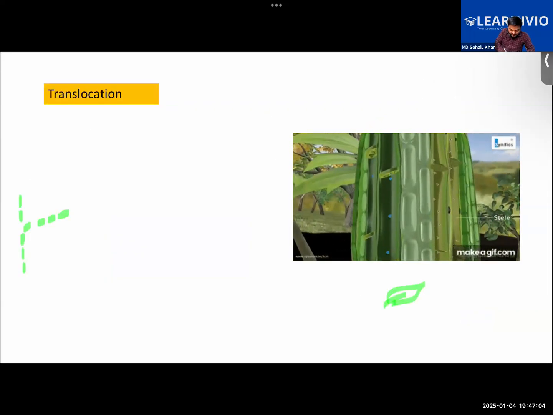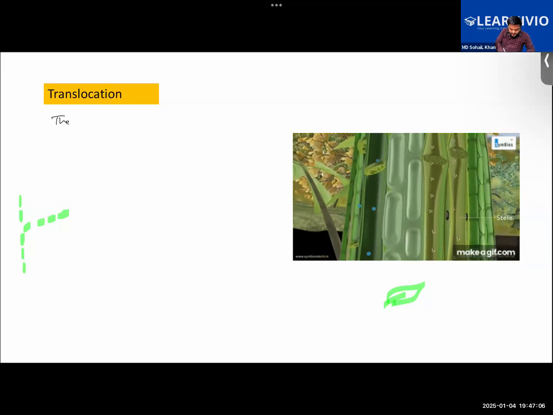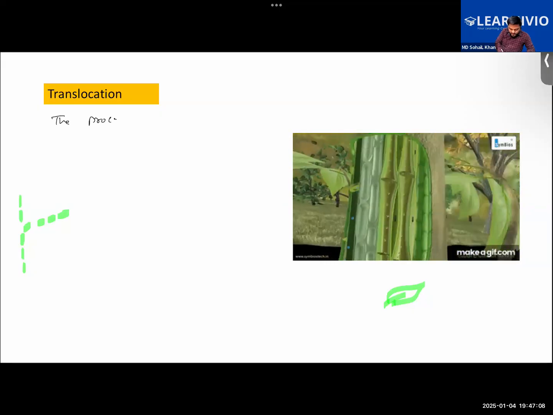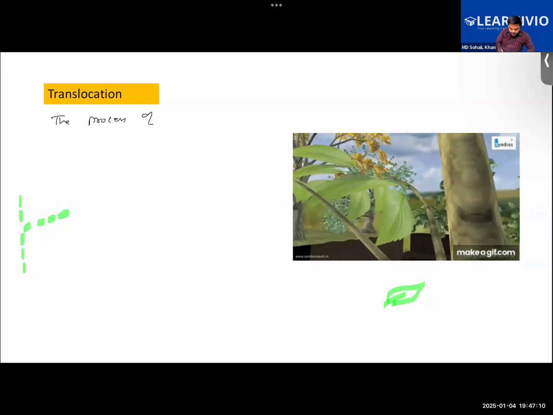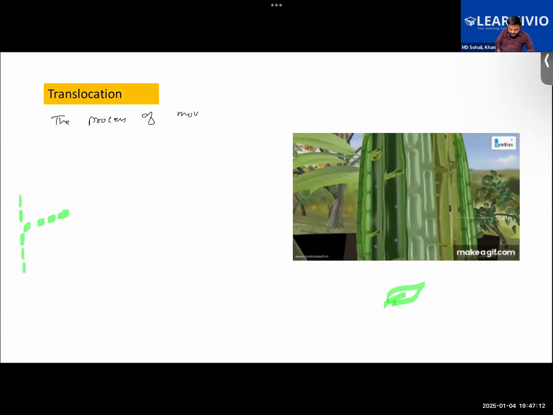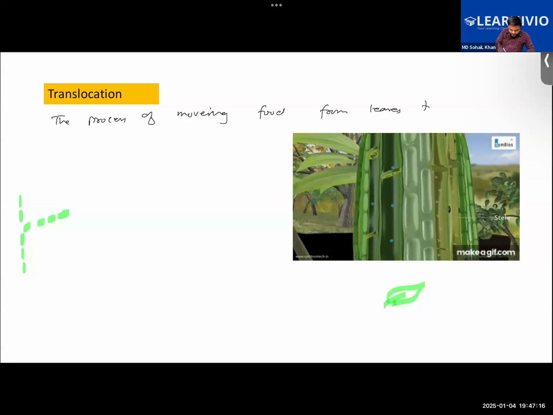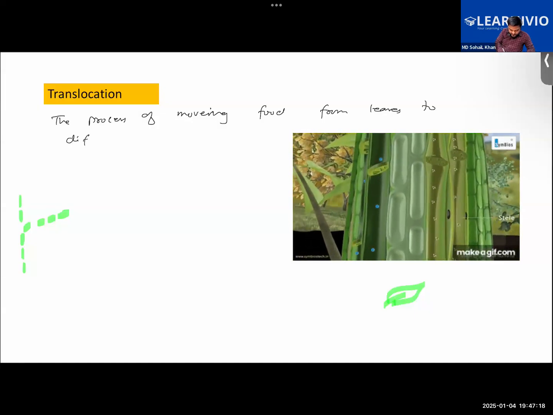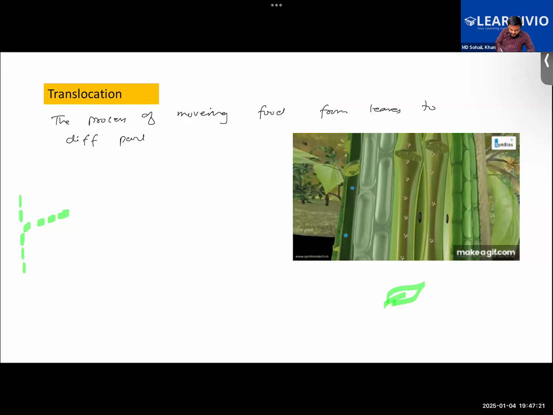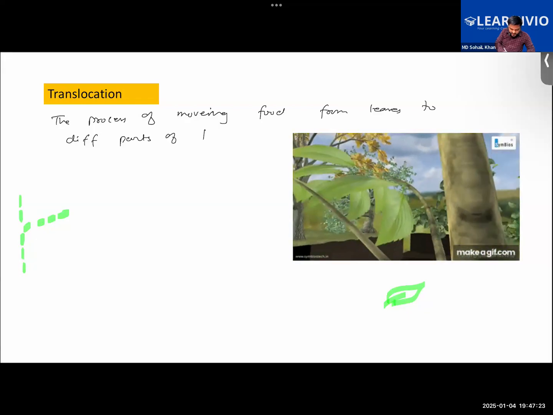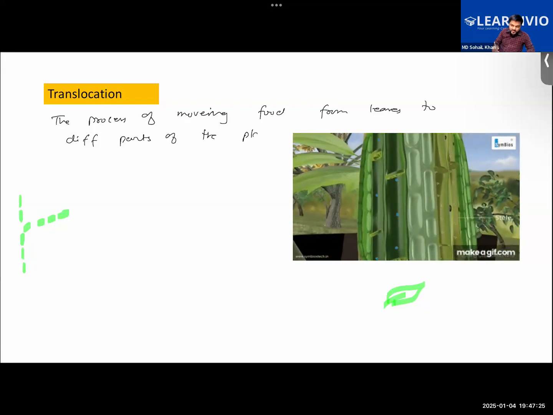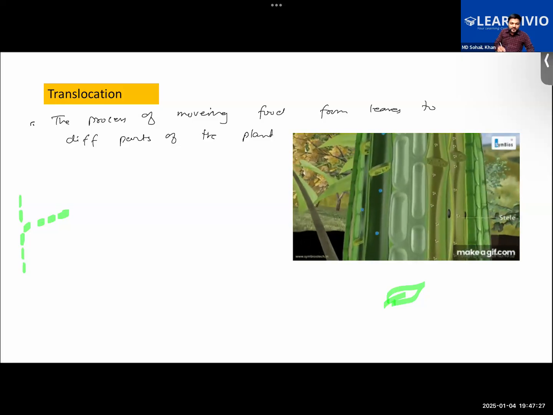It is the process of moving food from leaves to different parts of the plant. That's translocation, and this process occurs in the phloem.